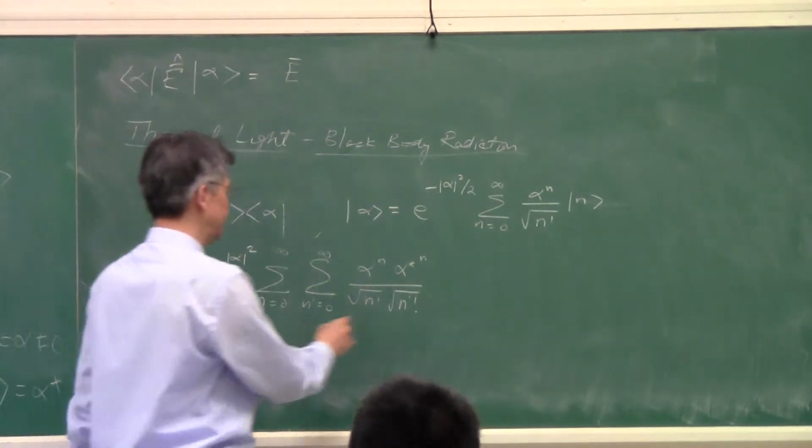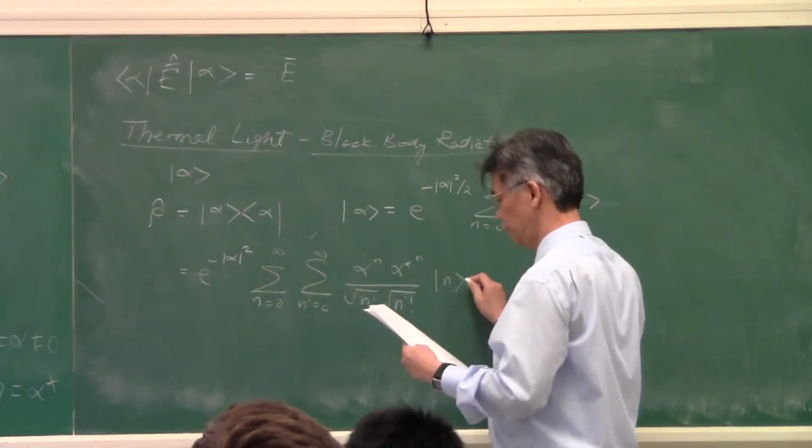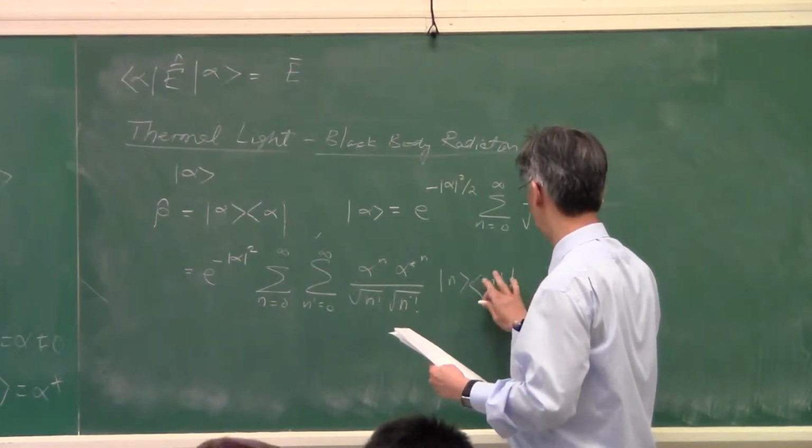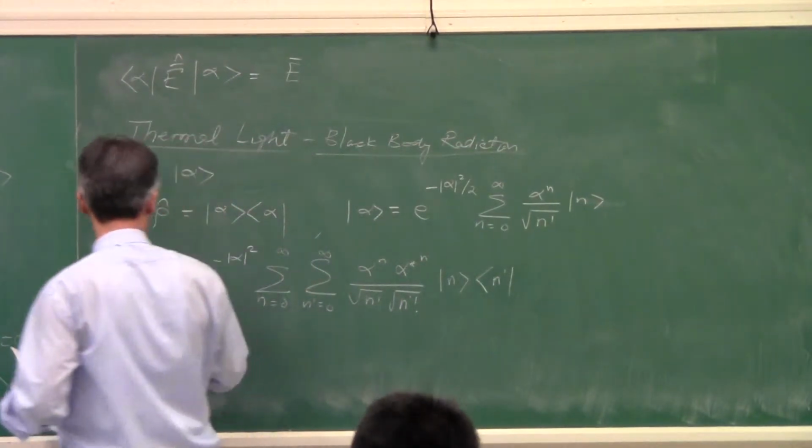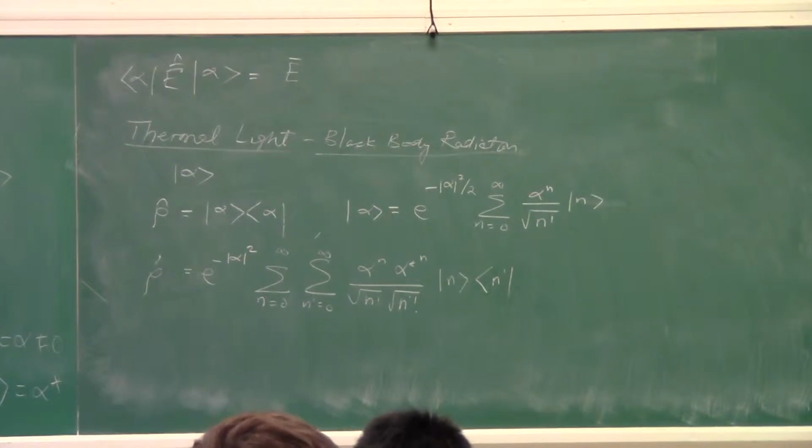And when I do the outer product, I will have n prime. So the density operator looks something like that.